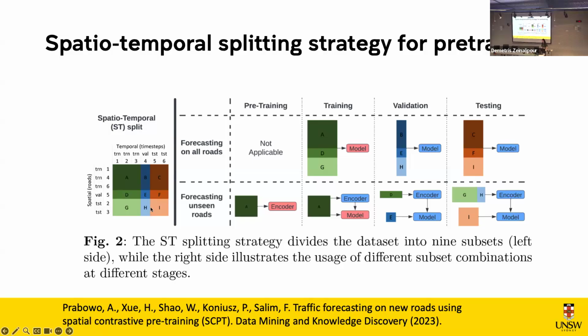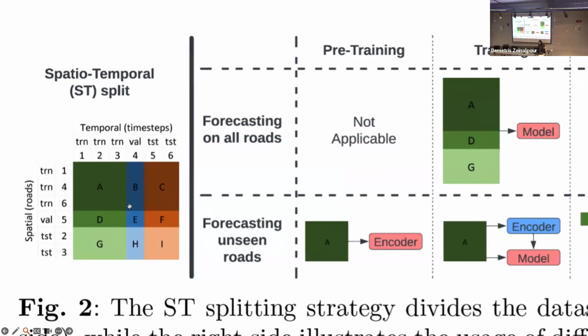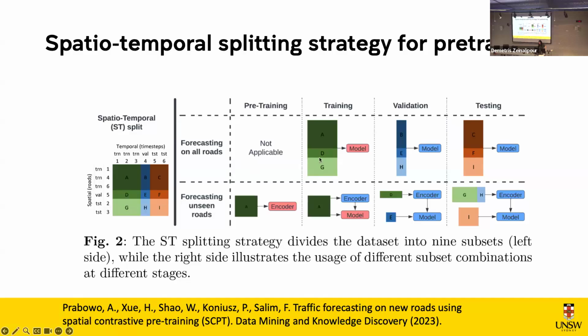The idea is, can you actually split the data into 9 subsets, and each of these subset combinations will then help you to know which split of the data is used in training, which split is in validation, which split is used in testing, in such a way that there will be no overfitting, but also your pre-trained model could be quite robust to the different variations across location and time. So this is basically the contribution of the paper.